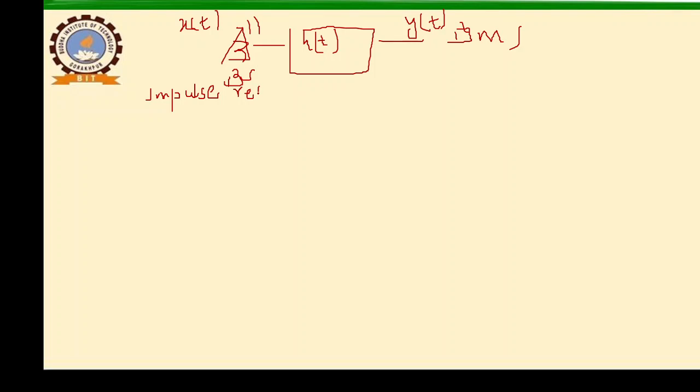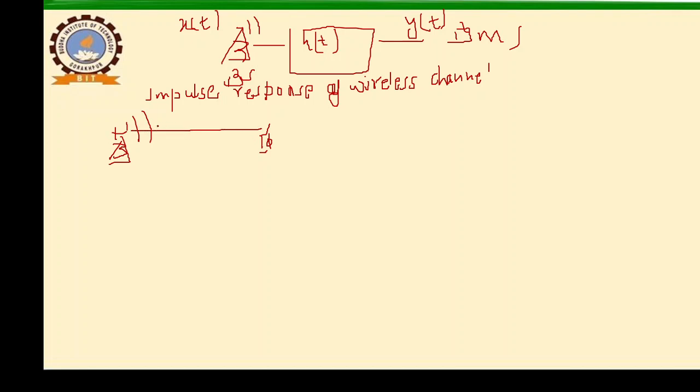Impulse response of wireless channel, and if we are seeing a multipath scenario, one path from here to here, second path from here to here, third path, and so on.